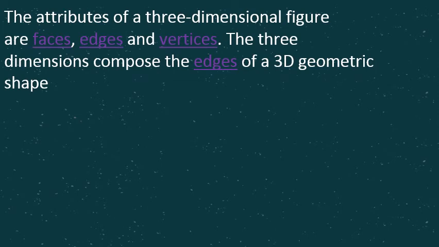So the attributes of a three-dimensional figure are the faces, the edges, and the vertices. The three dimensions compose the edges of a 3D geometric shape. So what does that mean?